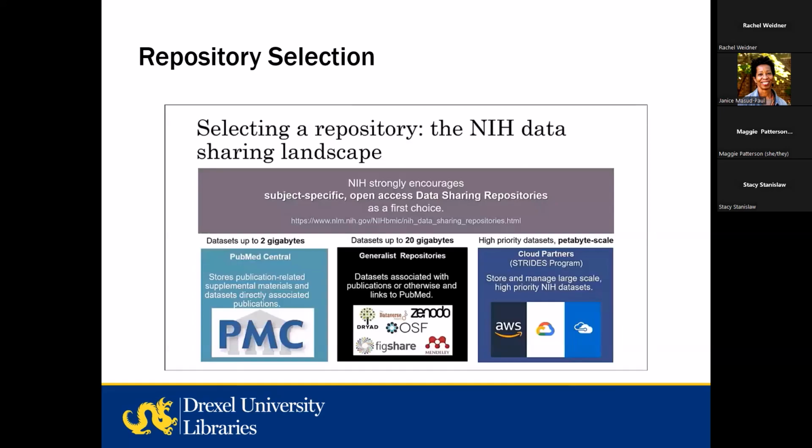But if it's larger than 2 gigabytes, you may want to consider one of the generalist repositories that can store up to 2 gigabytes. And I'll talk more about them in a moment, but they're part of the Generalist Repository Ecosystem Initiative.